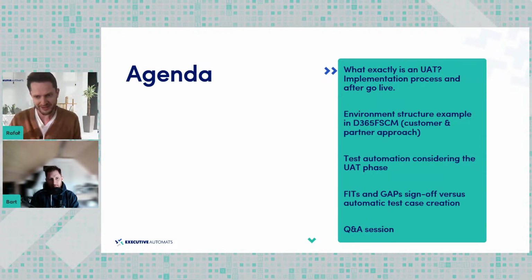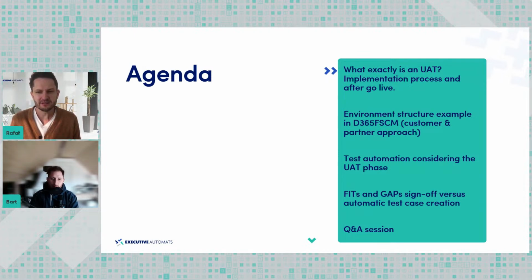So, back to the agenda. First, we will share with you what exactly a UAT is, how the implementation process looks, and what the difference is between the implementation process and go-live. Afterwards, we'll move to showing an environment structure example from both the customer and partner approach.